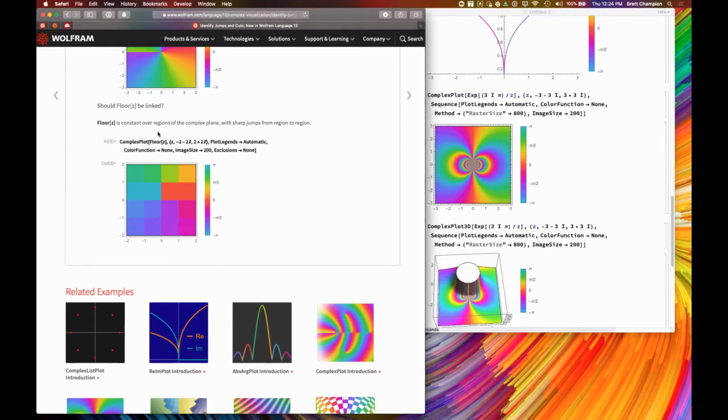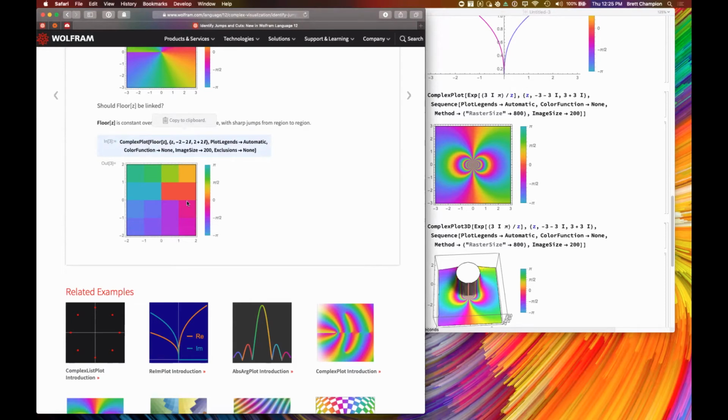And so if we look at something more interesting like floor of z, which maps the continuous complex numbers into discrete values, in this case essentially the Gaussian integers, then we end up with what you would expect, that we have large blocks where everything is the same.